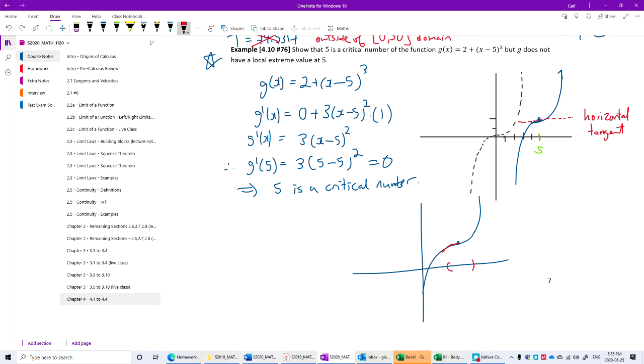And so it can't be a maximum because it's not larger than the points on the right, and it can't be a minimum because it's not smaller than the points on the left.